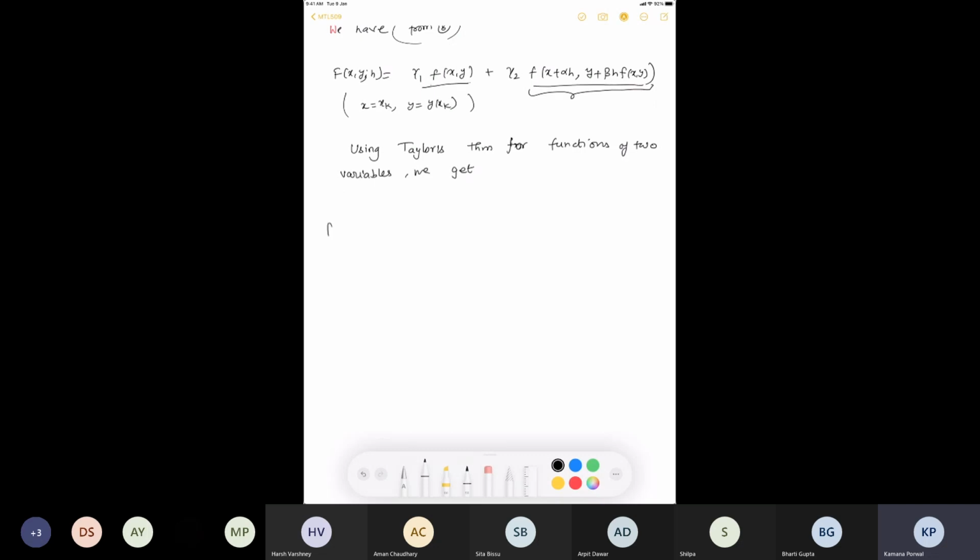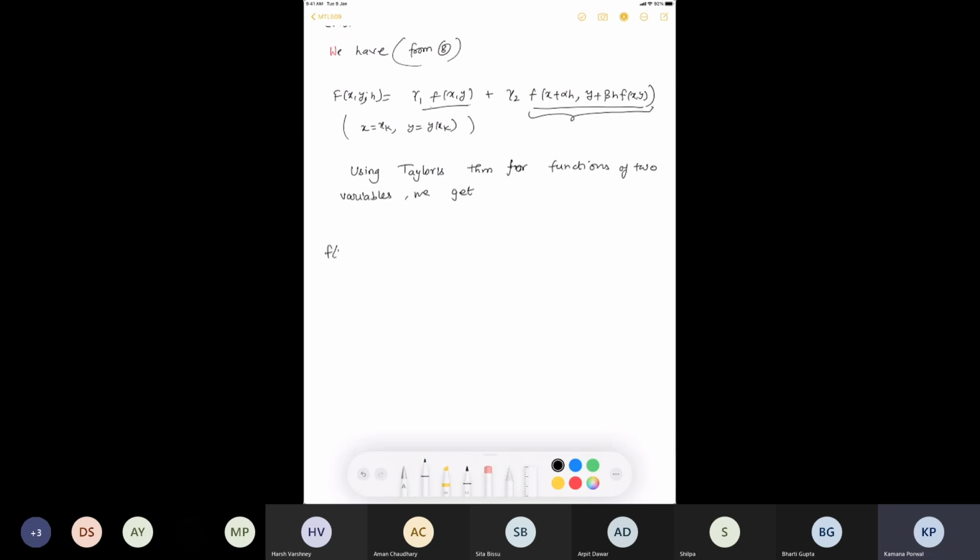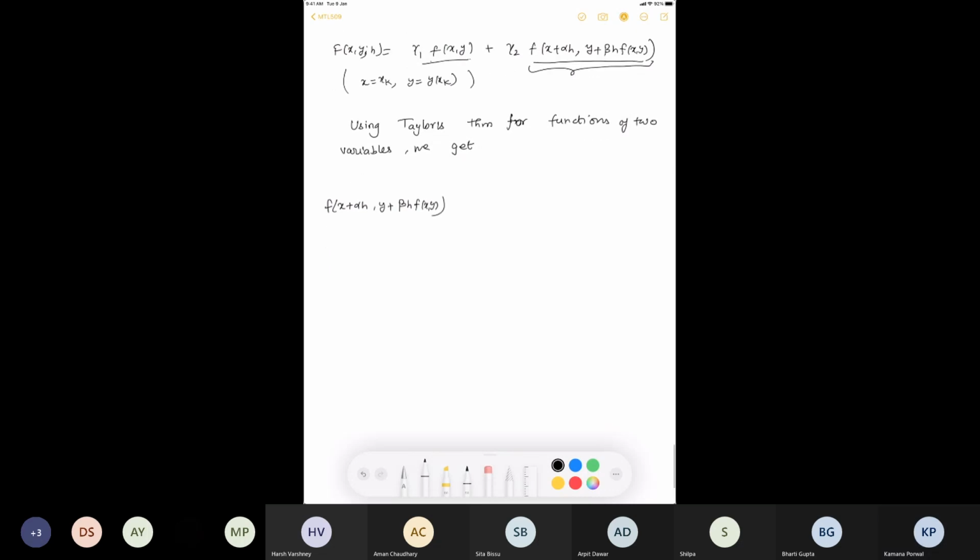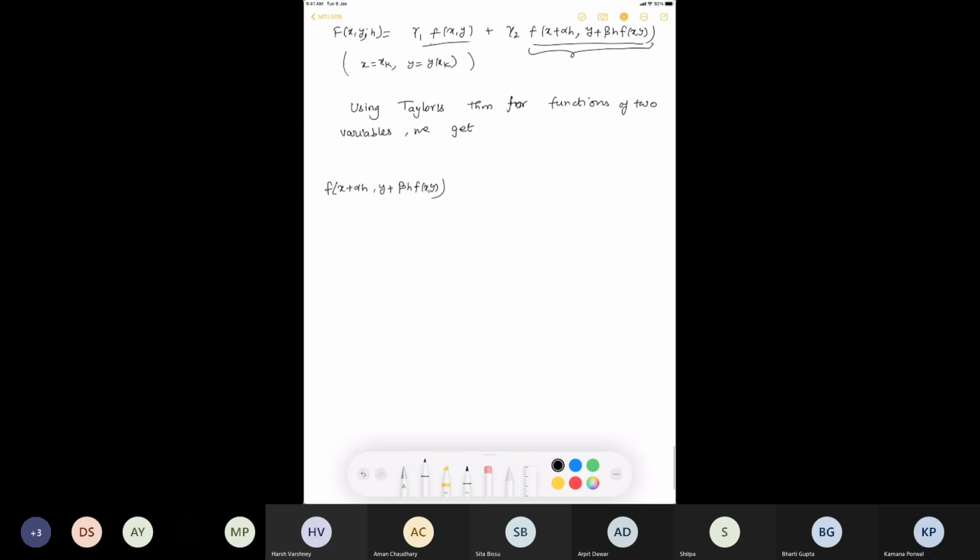So what we have is f of x plus alpha h, y plus beta h. You can treat this as, say, x plus delta 1 and y plus delta 2, since gamma 1 is already used.